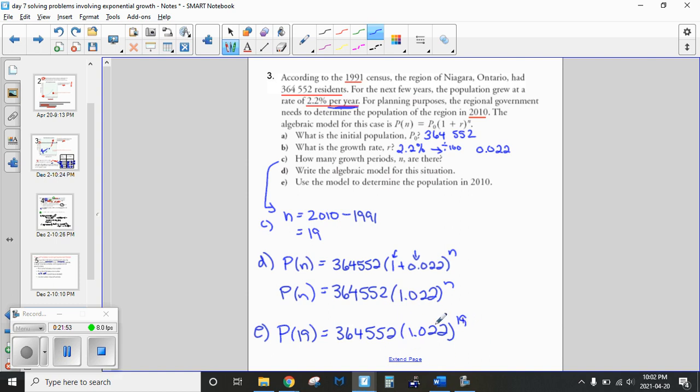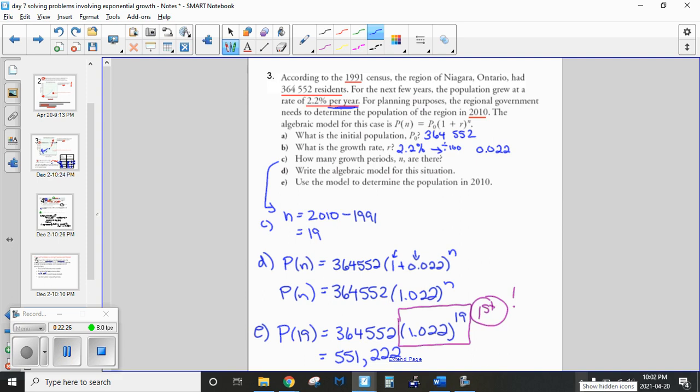I like to type in the exponent part first, and then multiply by the number in front. I'm just going to include the final answer here, 551,222.